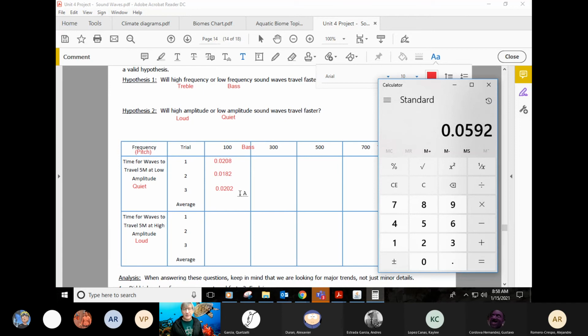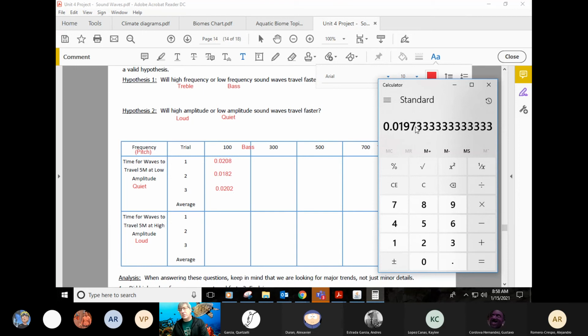Add those 3 together, and then you divide by however many numbers you added in the first place. Since I added 3 numbers, I divide by 3. And I hit equals again. Now there's my final answer, 0.0197.